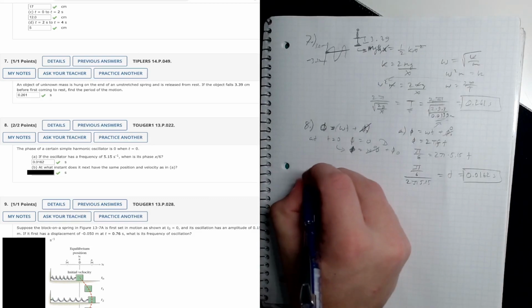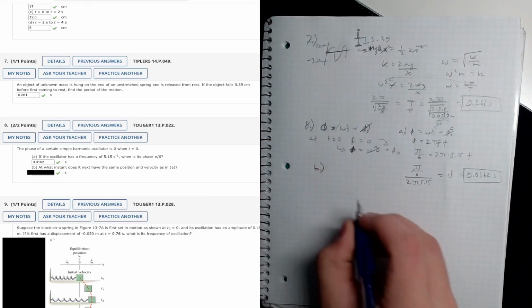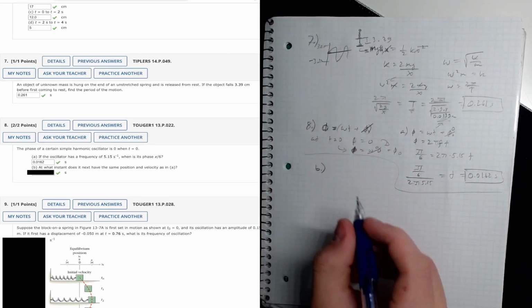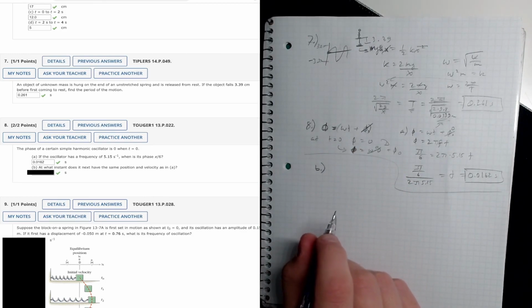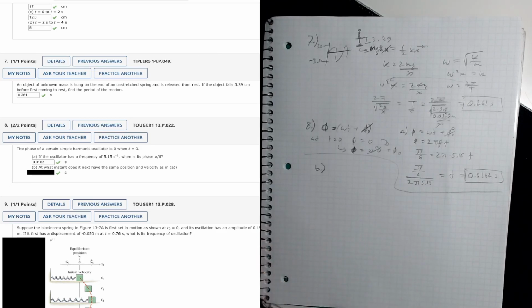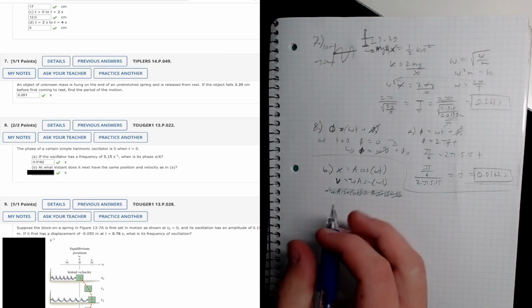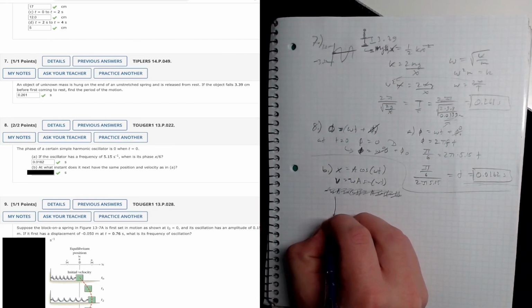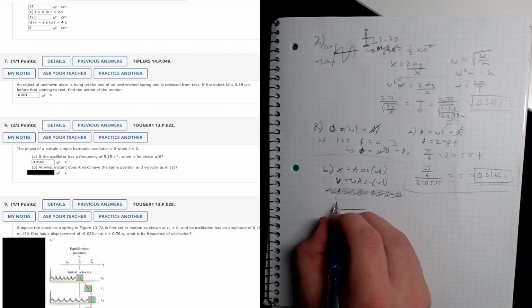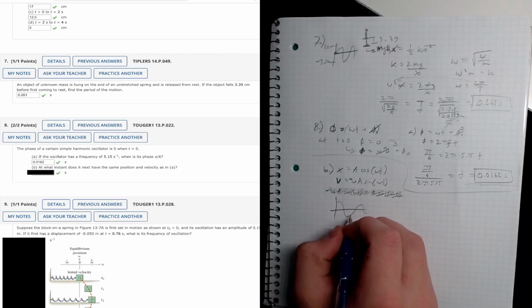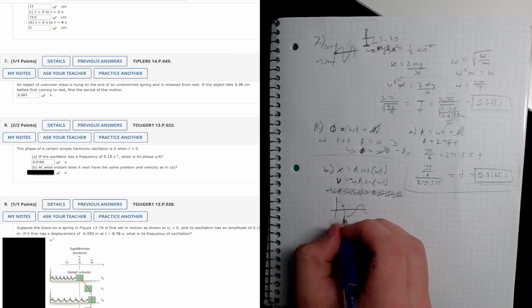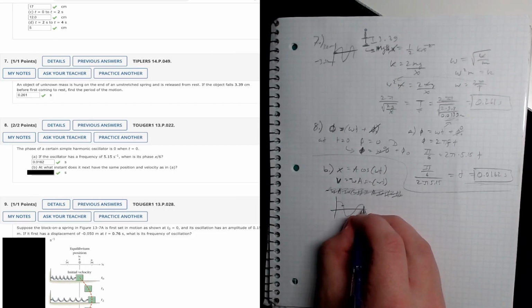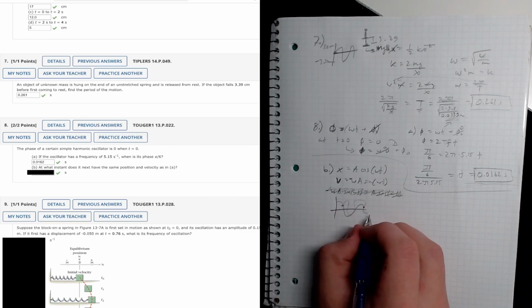Now on to part B. At what instant does it next have the same position and velocity as in A? We have the same velocity after one full cycle.